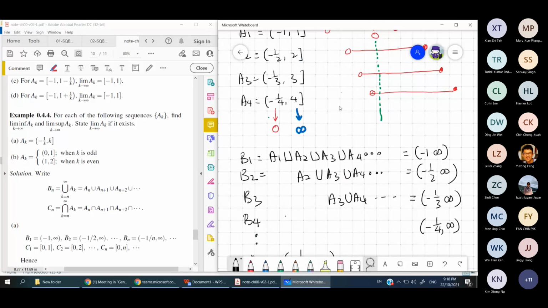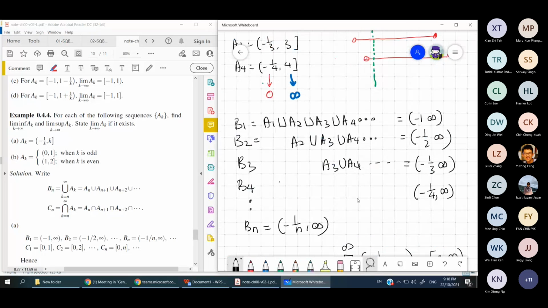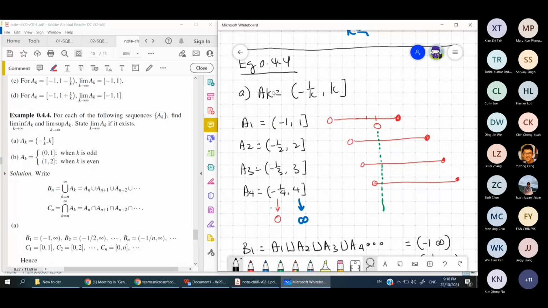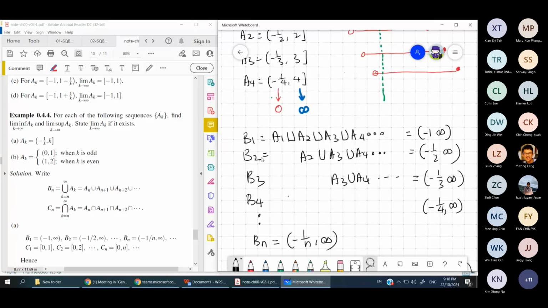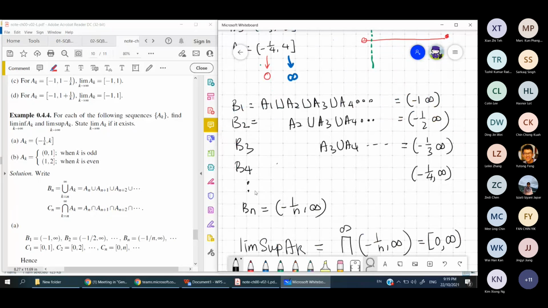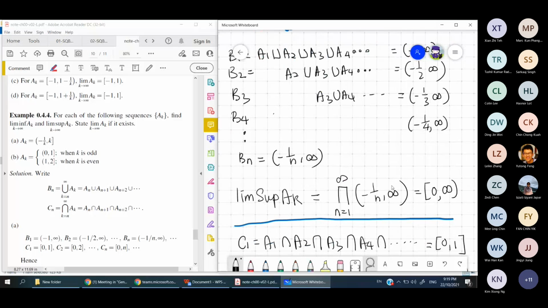And then you use this to compute your B and C. What is your B? B is taking the union of them. So B1, B2, B3, you compute them. Once you have identified all the B, then you take the intersection of them, and then you will get the limit supremum.